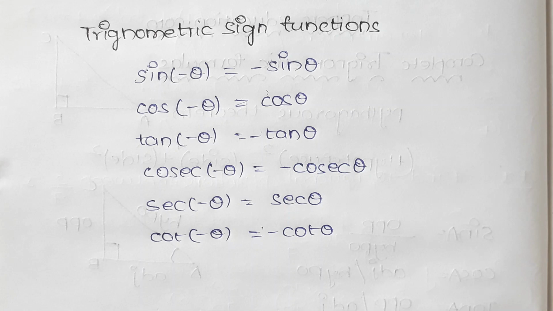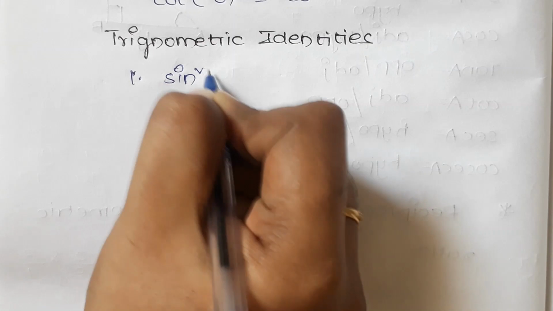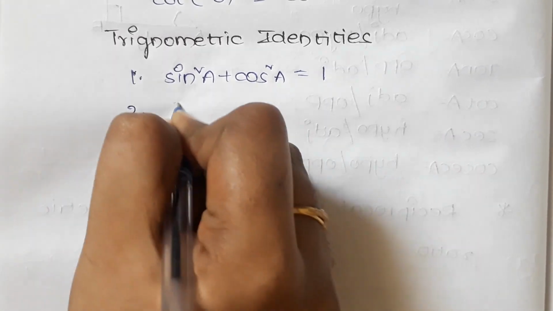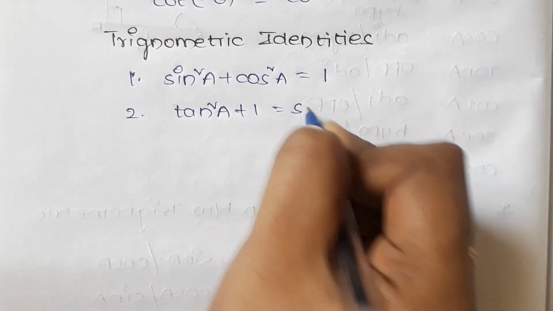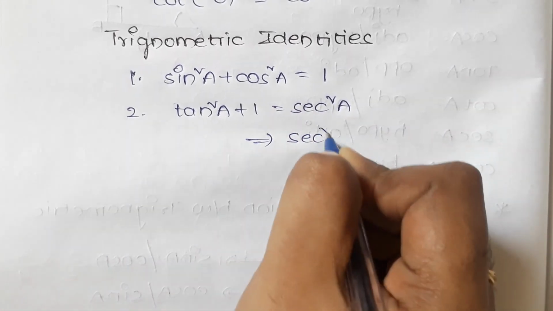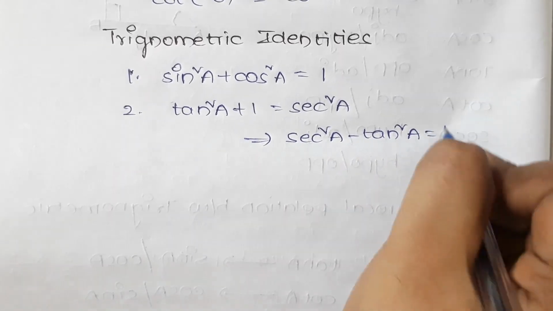Now let us see the trigonometric identities. We know that sin square A plus cos square A equals 1. Similarly, tan square A plus 1 equals secant square A, that is, secant square A minus tan square A equals 1.